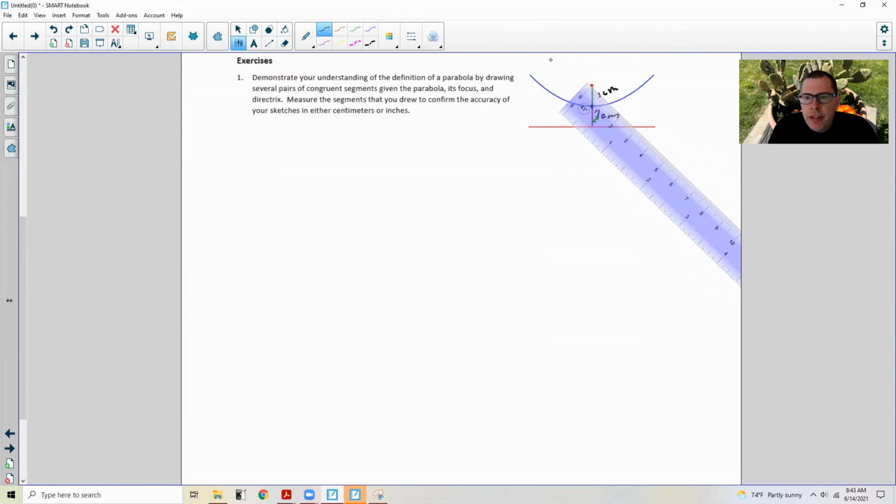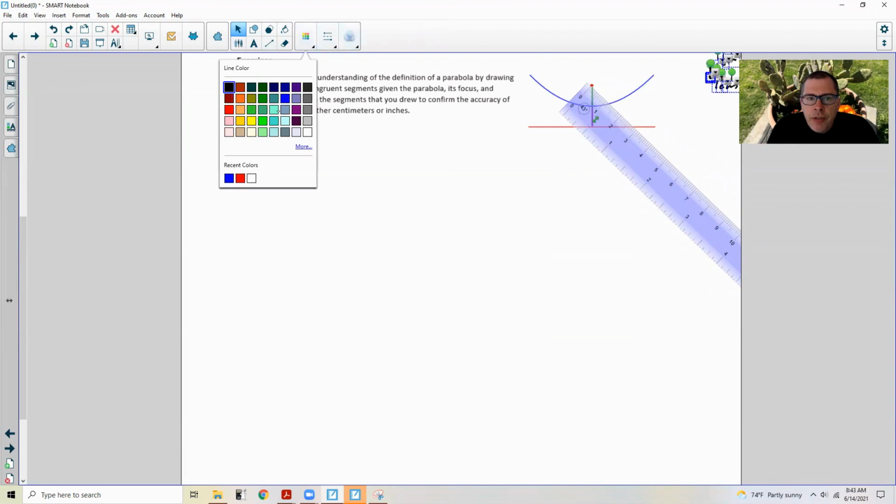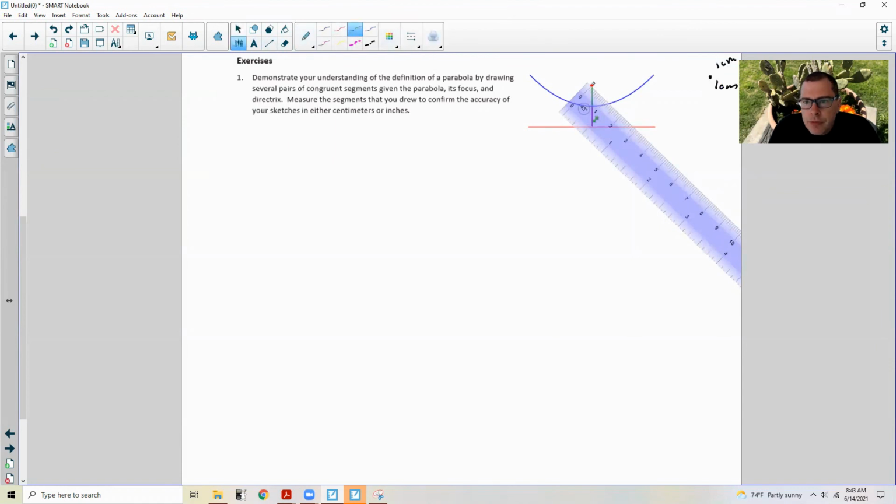I'll draw a green segment from here to here. Came up a little short. As you can see, I'm at 7 millimeters.